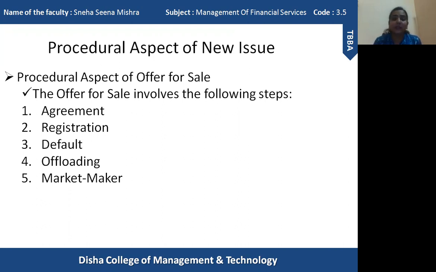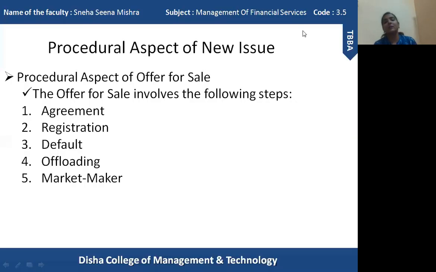The third one is called default. There are chances of default by the merchant banker or the sponsor. The merchant banker may not be able to pay the amount of money for the purchase of shares, and there are other ways also in which the sponsor can commit default.